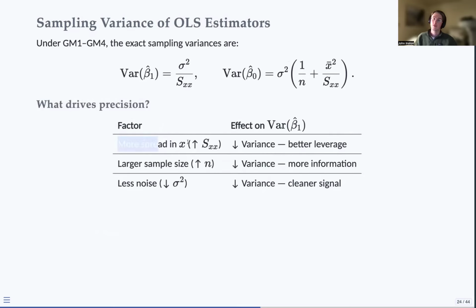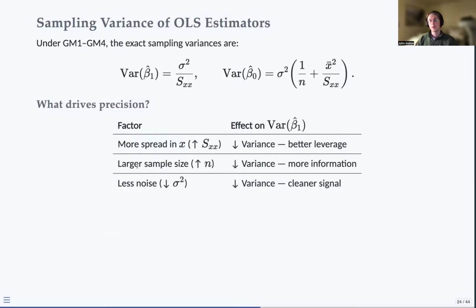So if we have a very spread x, the sampling distribution of our parameters gets tighter and tighter. This is something called leverage. Better leverage is the idea that points further away from the line have more leverage and more ability to control that line.